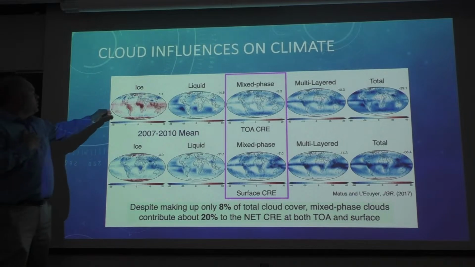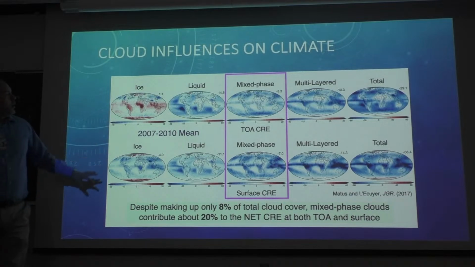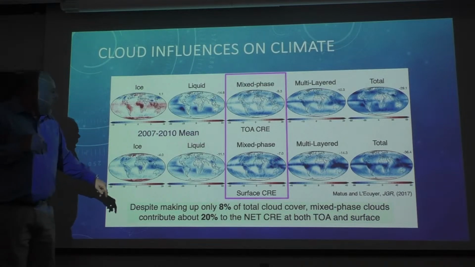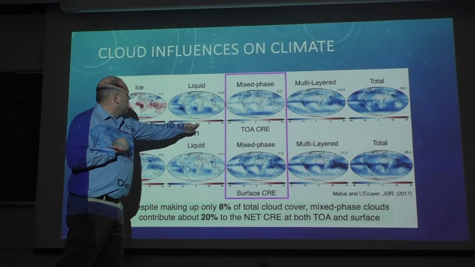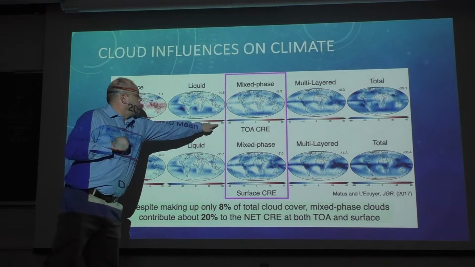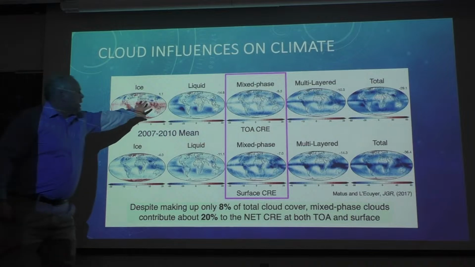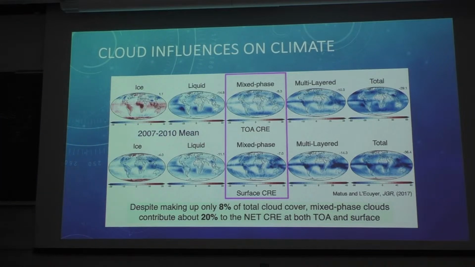We wanted to identify their impact on Earth's radiation budget. So you're looking at maps of the locations of their radiative effects, in watts per square meter on the annual average, showing how much they influence the radiation budget at the top of the atmosphere and at the surface.